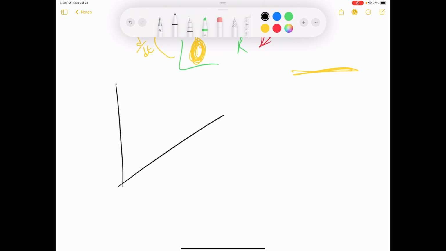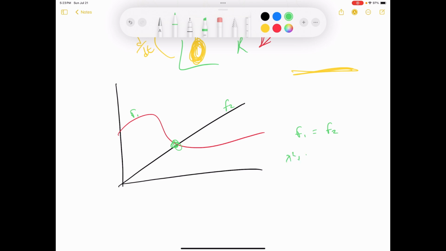Other times you may have a function that looks like this, and then maybe there's another function that looks like this, and you want to know where they intersect, which is right here. Let's call this one function 1, and this guy function 2. Then you would just say where does function 1 equal function 2? Function 1 might be x squared plus 3x, equals function 2, which is 9x plus 3x, or whatever it is.